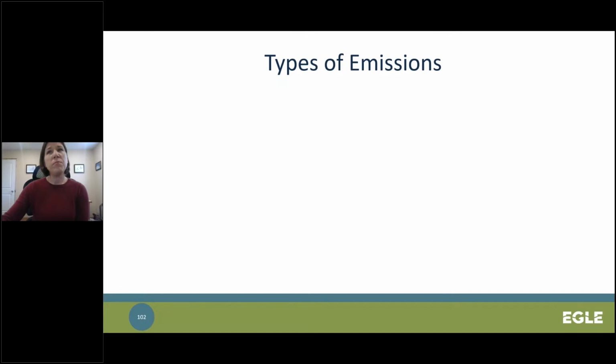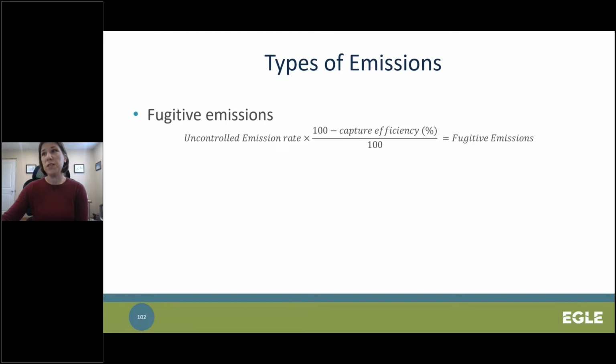What are the basic calculations for these types of emissions? We'll talk about that now. So the fugitive emissions are the uncontrolled emission rate multiplied by the difference between the capture efficiency of the control device and 100% divided by 100.